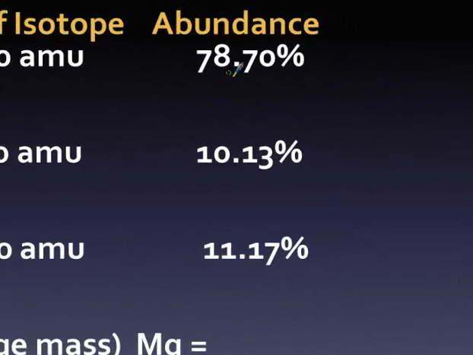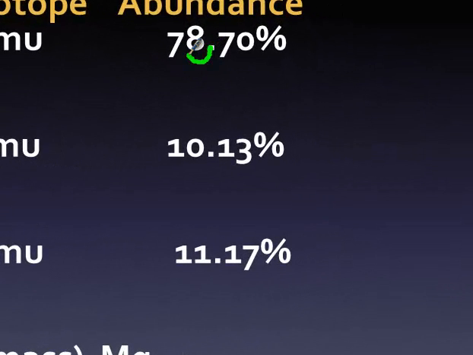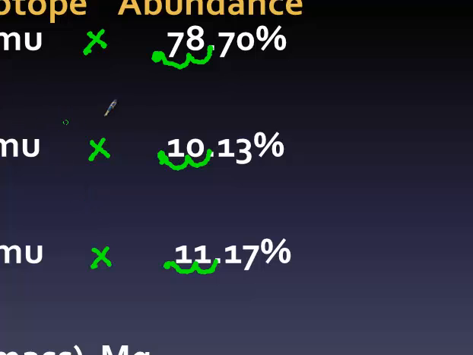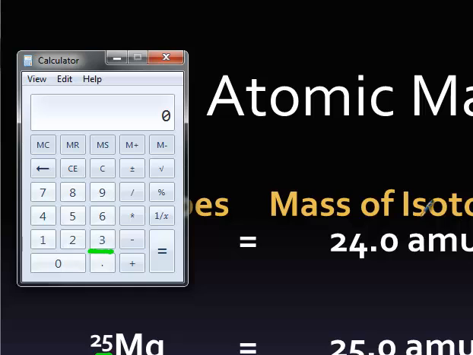So essentially all we need to do here is first get our abundance expressed in terms of a decimal. So we're going to move our decimal 2 spaces to the left, 1, 2 over here, and so on. And now we're just going to multiply each of these by the mass of that particular isotope. For the example here, we're going to do magnesium 24 first.